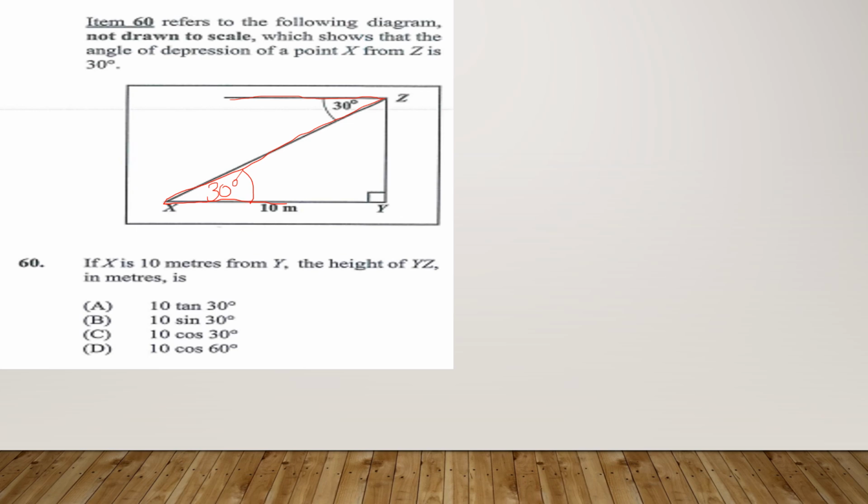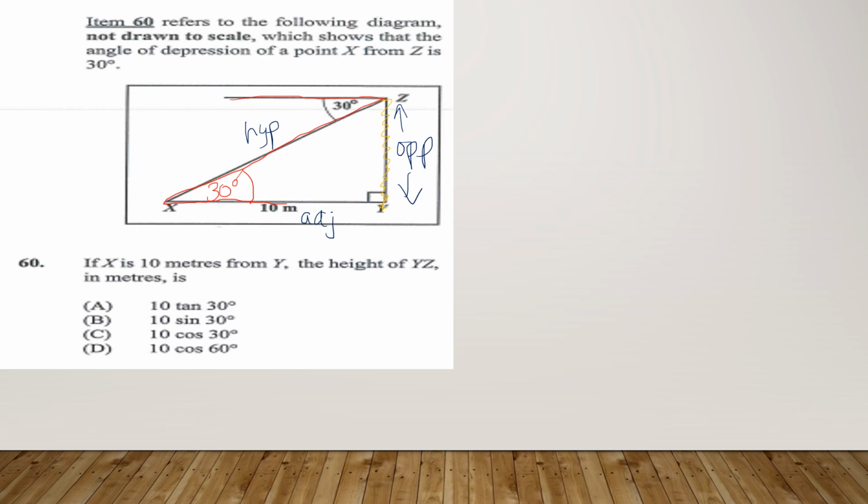We're asked to find the length of YZ. So we can label our triangle. So here is the hypotenuse opposite the right angle. This is the angle 30 degrees. So here is opposite and here is adjacent. This is the side that we want to find, the opposite. And we're going to use what was given, the adjacent.